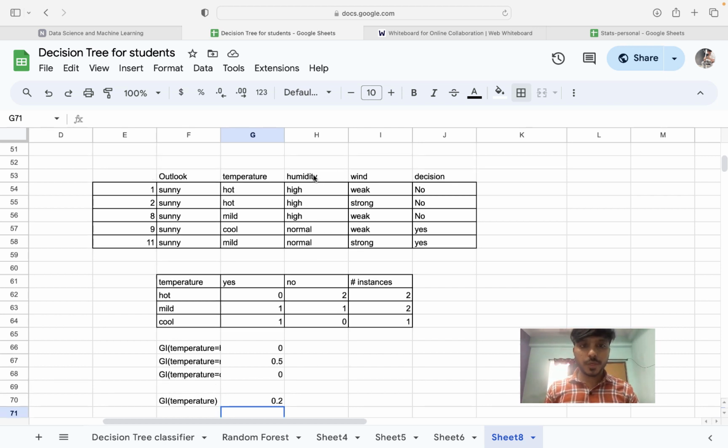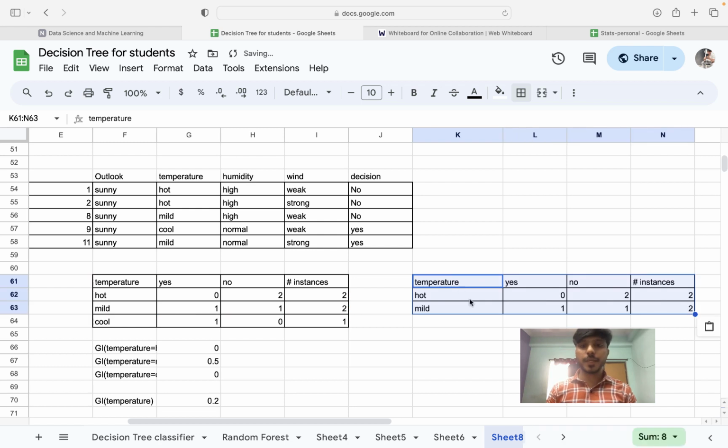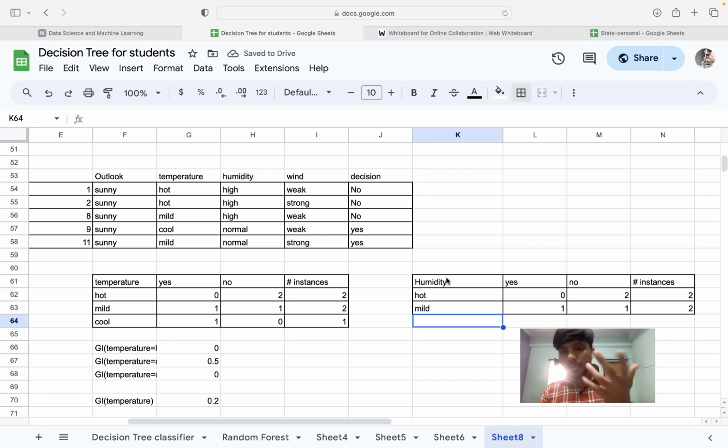Similarly we'll do it for humidity now. By this time you might have gotten a little bit bored, but it's okay. I'll complete humidity, because if you explain one node, the rest of the things will remain the same. I'll just show it for one more node and then we'll stop.